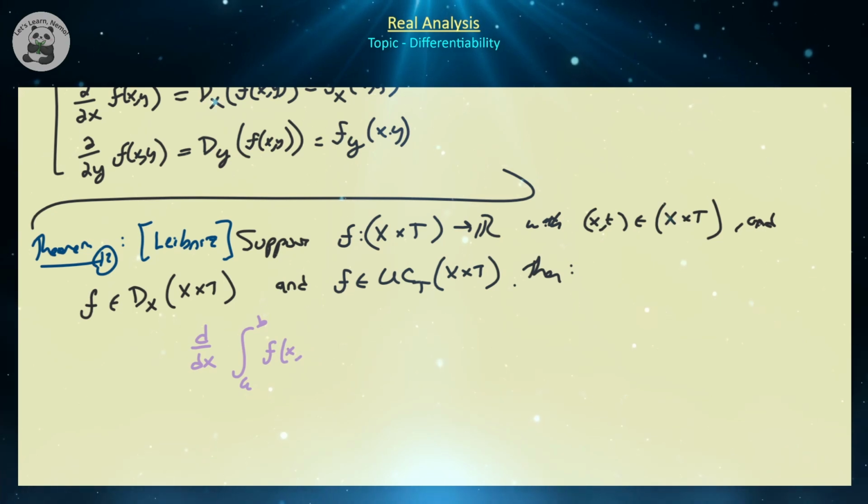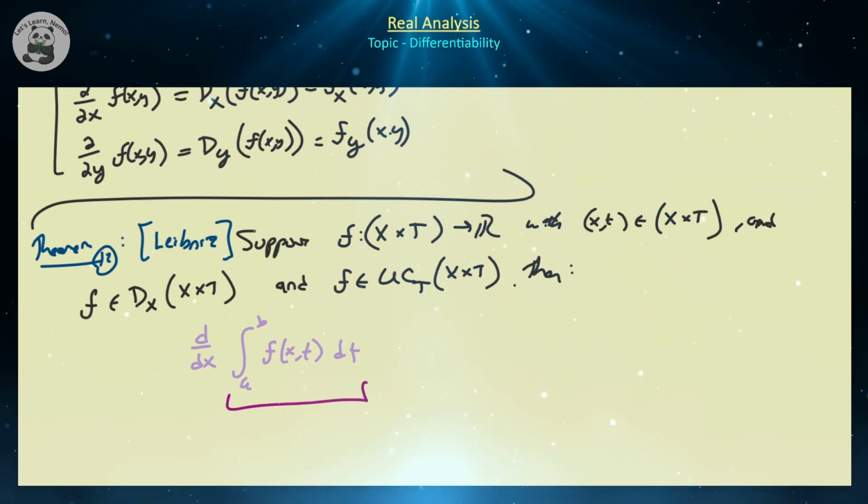So that should be the integral of f(x,t) dt, because keep in mind here, this definite integral, the integral from a to b of f(x,t) dt, since the variable of integration here is t, which is going to go from a to b, this t here goes away and you're just left with a function of x.